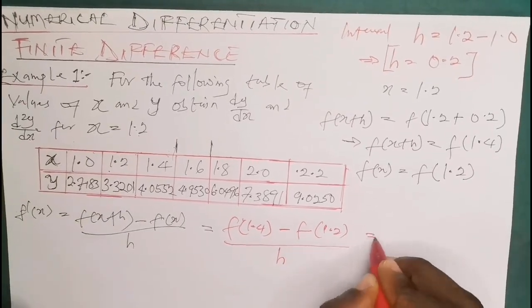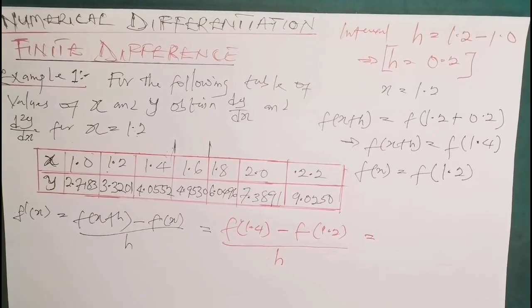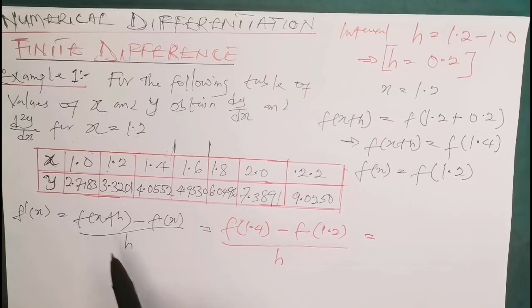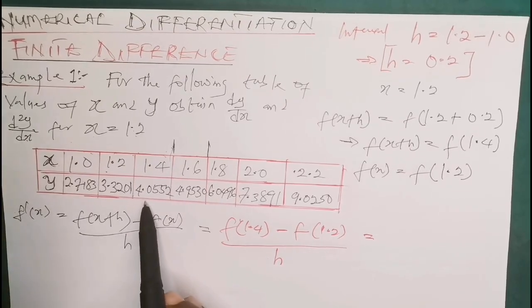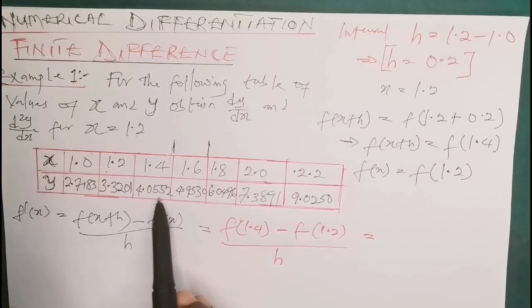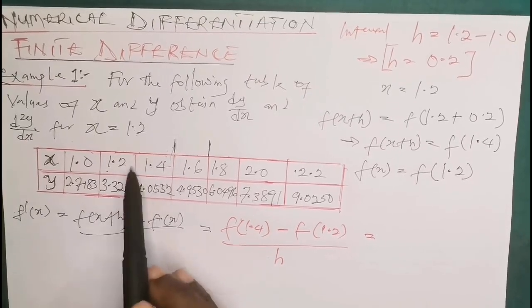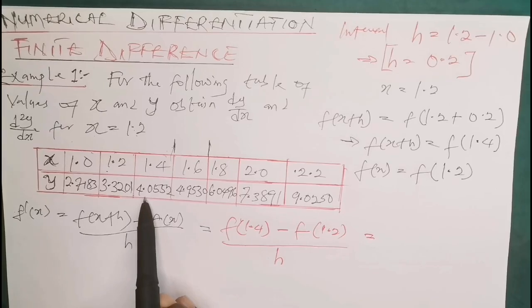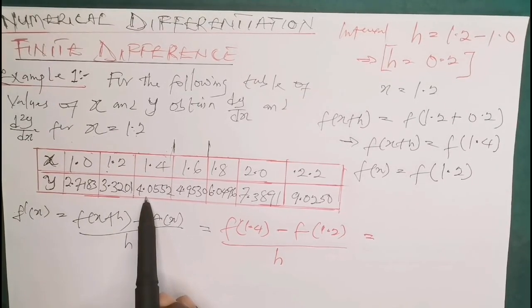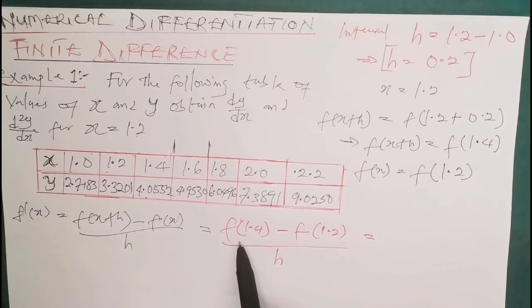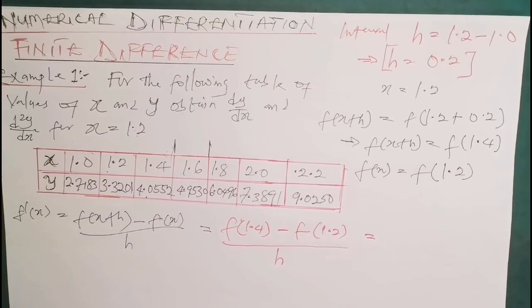Now you look through the table to find the value of f of 1.4. From the table, when x is 1.4, the value of y, or f of x, is given here as 4.0552. That means f of 1.4 is actually 4.0552.